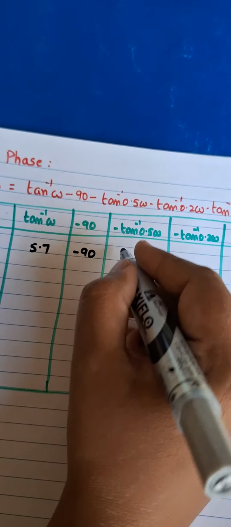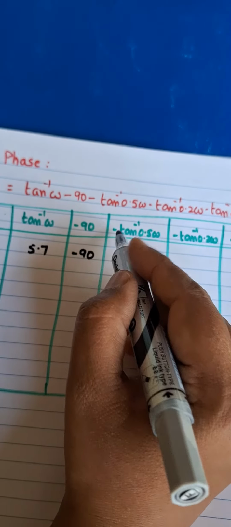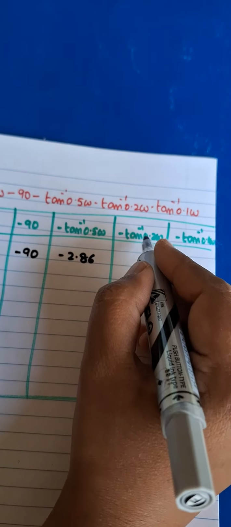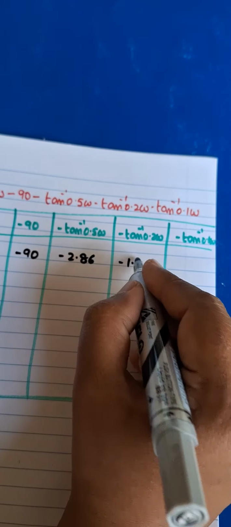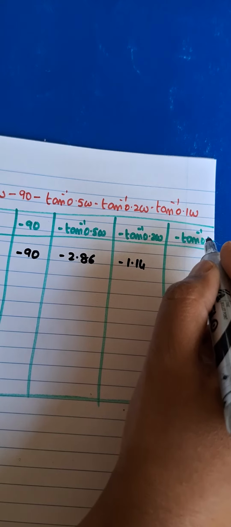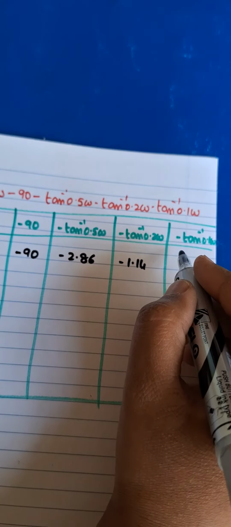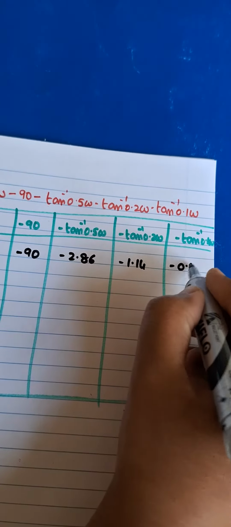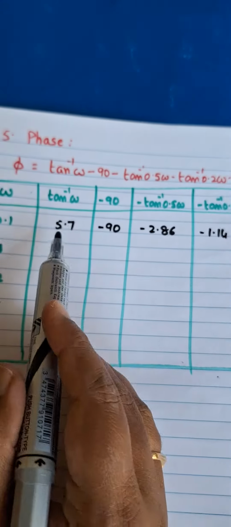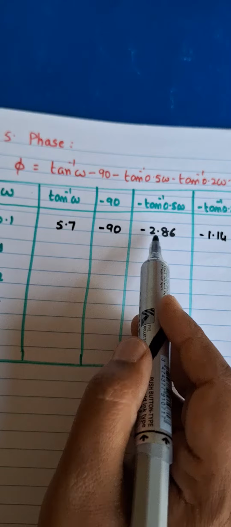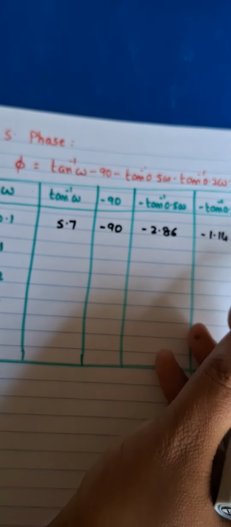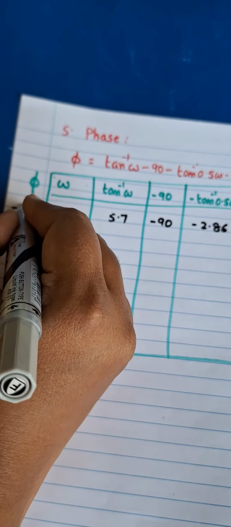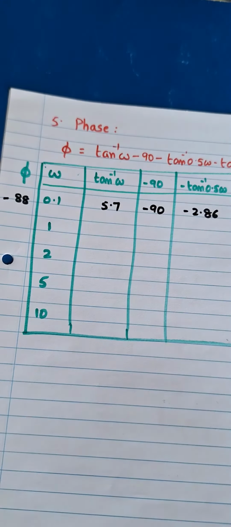Then tan inverse 0.5 is 2.86, but I am talking about minus, so I will say minus 2.86. Then this is 1.14, so minus 1.14. Tan inverse 0.1 into 0.1 is minus 0.57, so I will write it as minus 0.57. Now in the calculator say 5.7 minus 90 minus 2.86 minus 1.14 minus 0.57. You will get minus 88.87 something. So let it be minus 88.